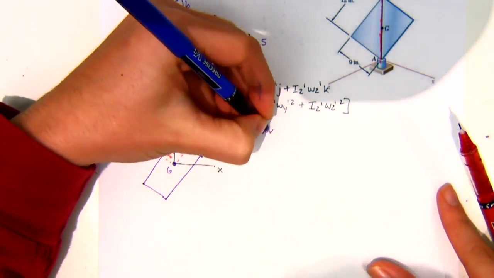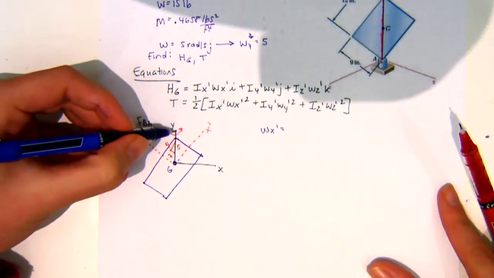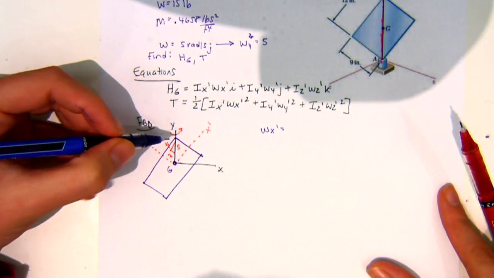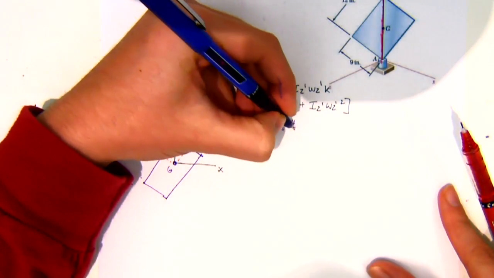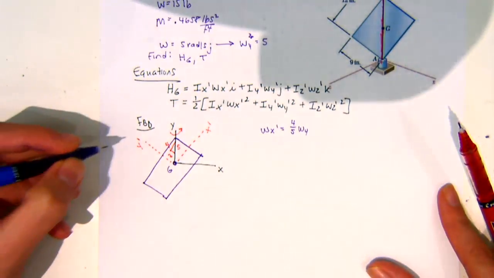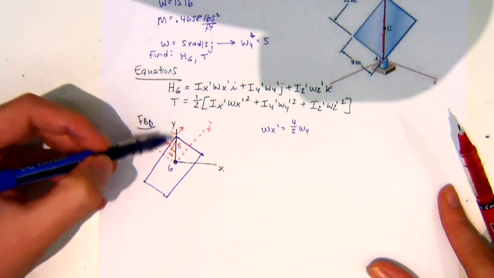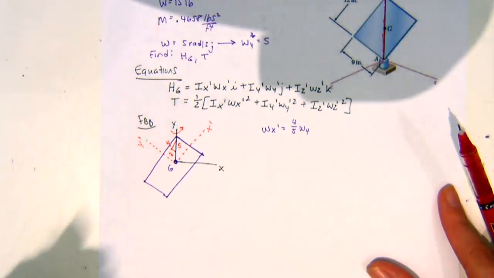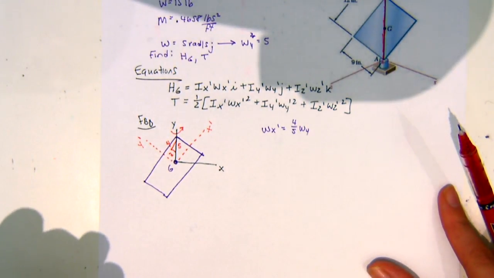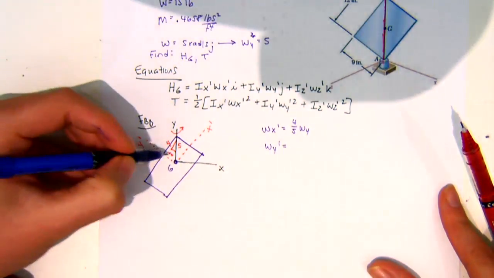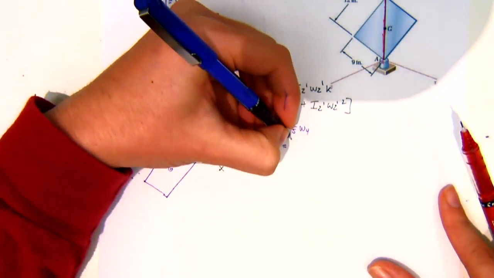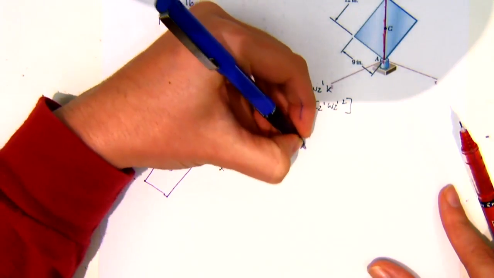So omega x prime is going to be 4 over 5 times omega y. You guys see it? The omega y is my hypotenuse, so we're just using similar triangles. Then omega y prime will be 3 over 5 times omega y.